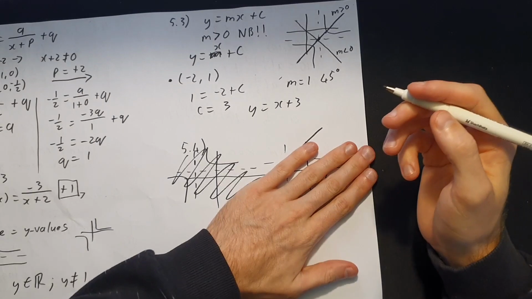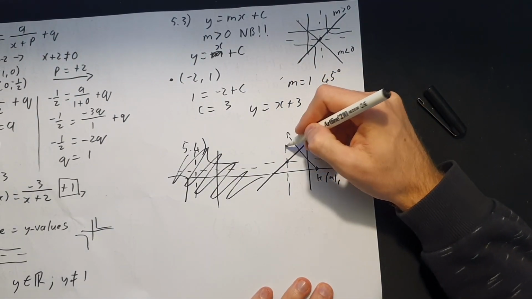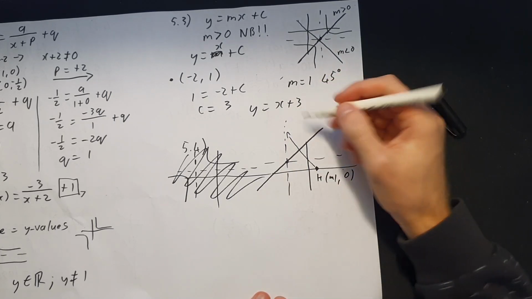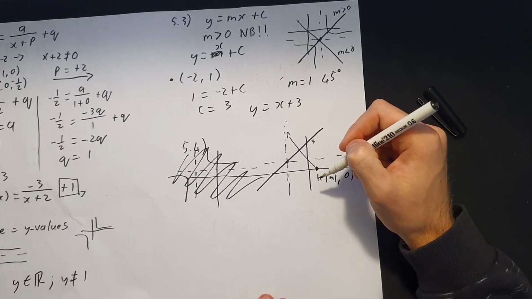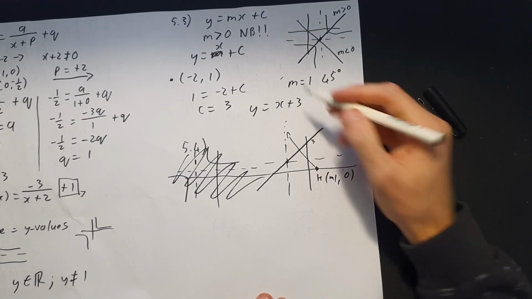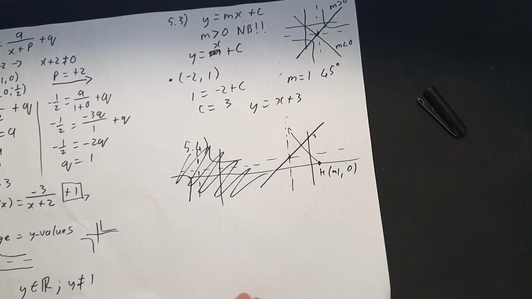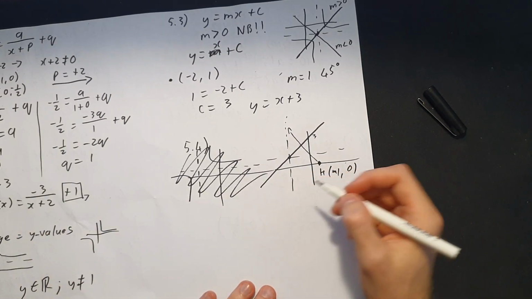Well, when we reflect this up, it's going to go directly that way over there. We know that the gradient is 1, but it has a y-intercept of 3. Remember, when we reflect it over, your y value now becomes your x value, and your x value becomes your y value.